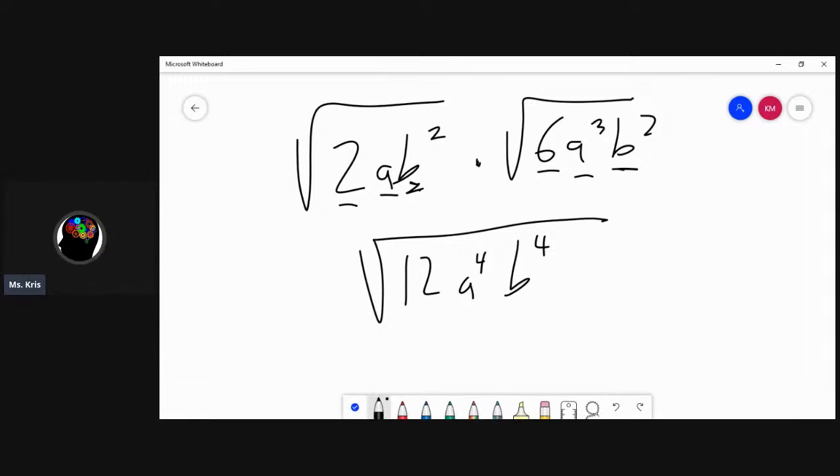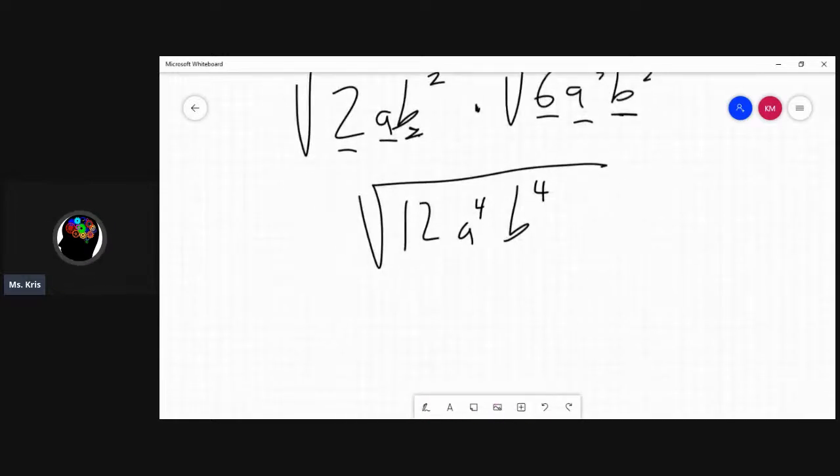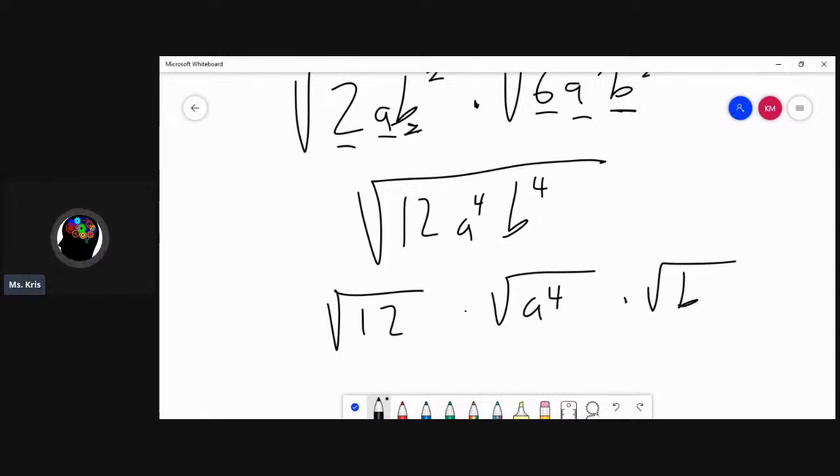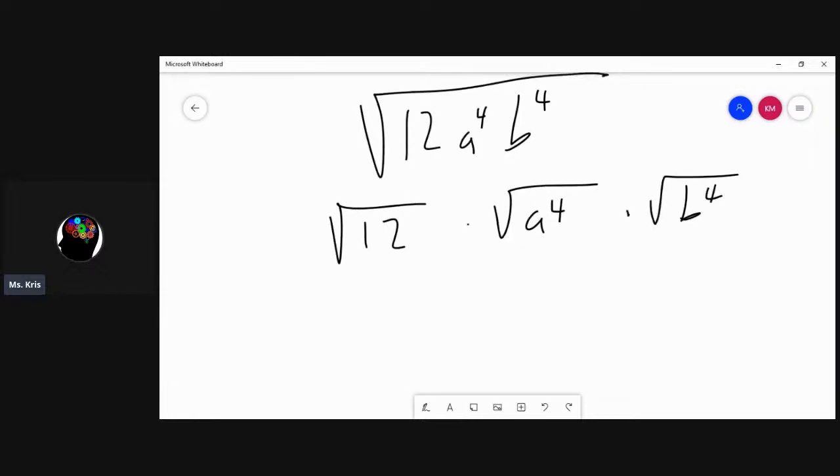Once I find that answer, then I can begin my simplifying process. So now I can break these down into 3 terms: the square root of 12 times the square root of A to the fourth times the square root of B to the fourth. Now the square root of 12 has a perfect square in it. The perfect square inside of 12 is 4.